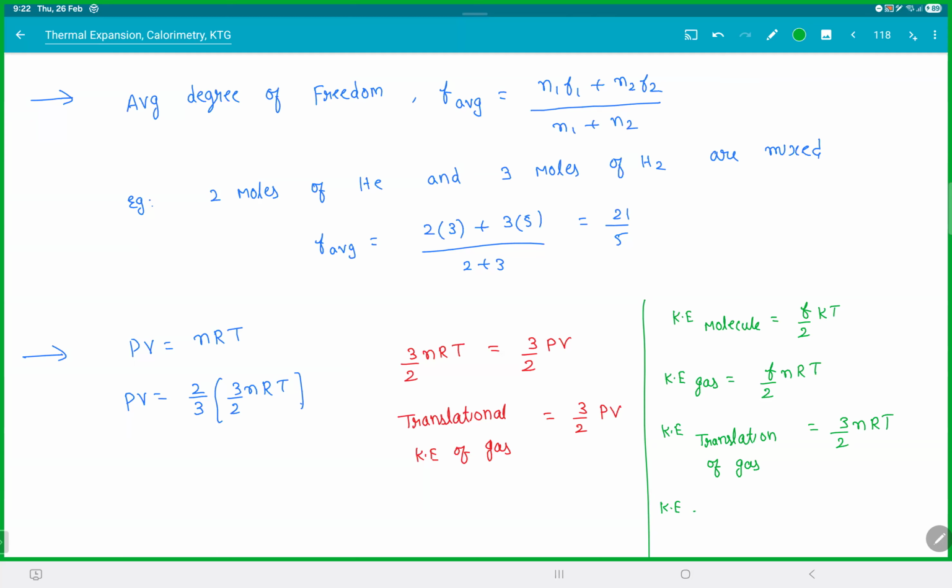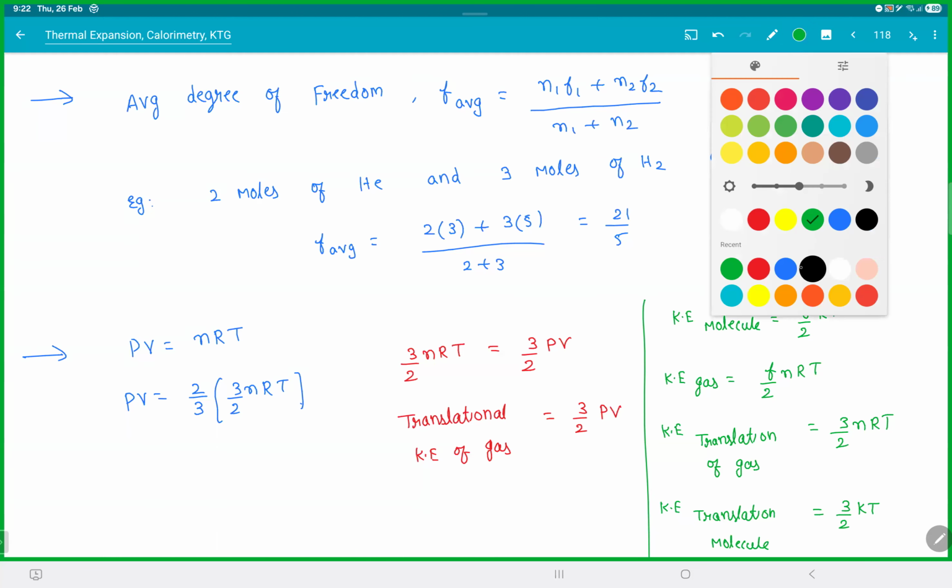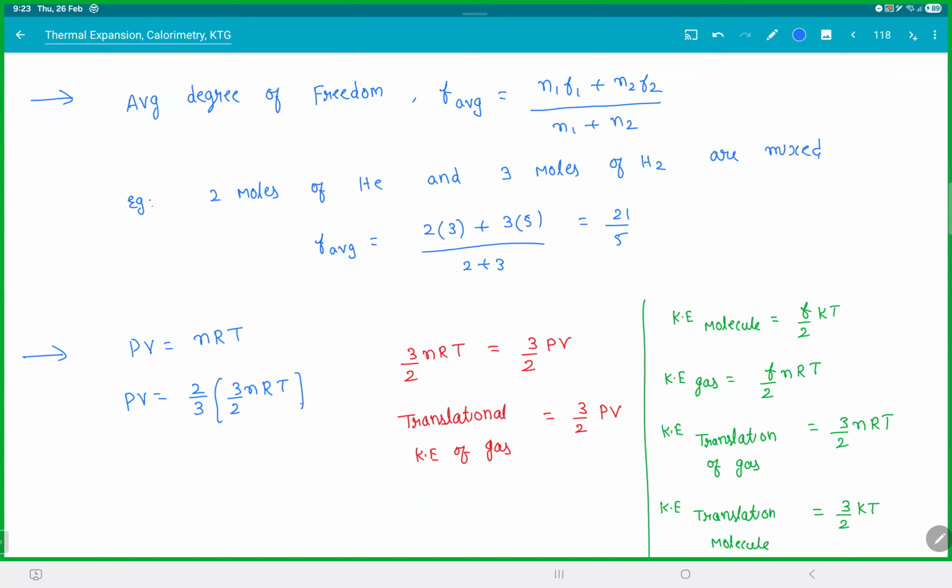Kinetic energy of translation of the molecule is 3/2 kT. The same stuff, I'm just putting it down. There, that's about your degrees of freedom. Okay with this?